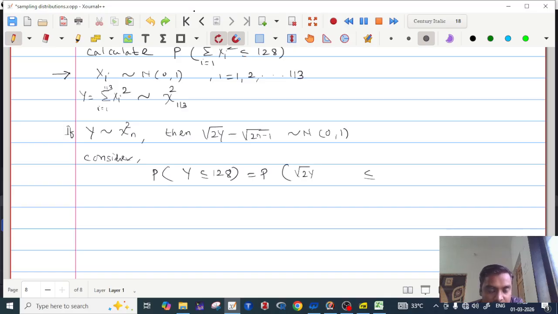What we did here, we multiply this quantity by 2 and then take the square root. Same thing for here: multiply this 128 by 2 and take its square root, minus under root 2n minus 1. n is 113, so 113 into 2 is 226, minus 1 is 225, minus root of 225.